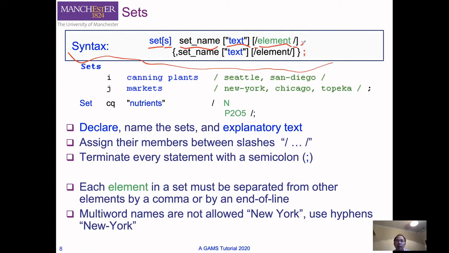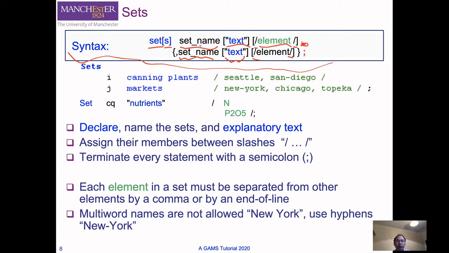If we want to continue to define another set in the same statement, then we should remove this semicolon and continue to provide the name of another set, and then text to describe the meaning of this set, and two slashes. Between these two slashes, we can input elements that belong to this set.